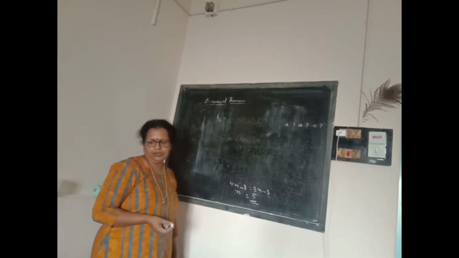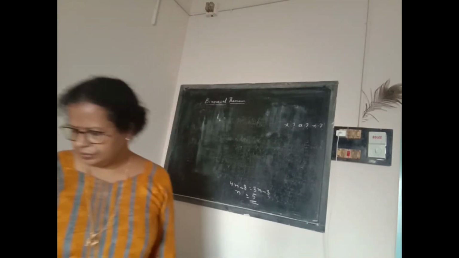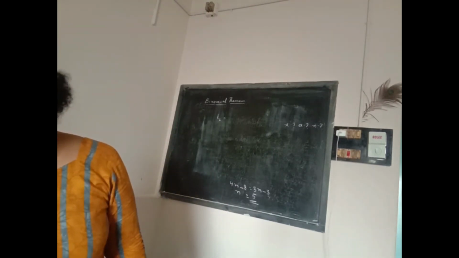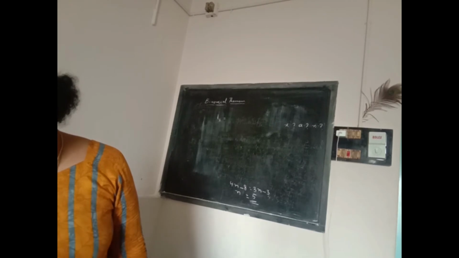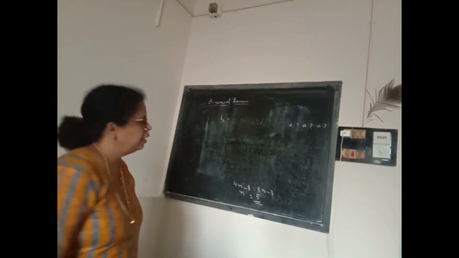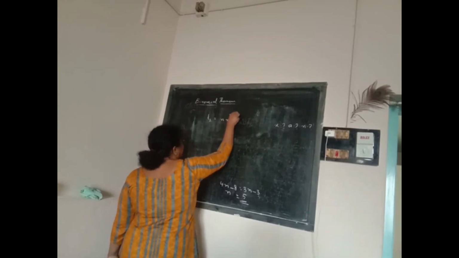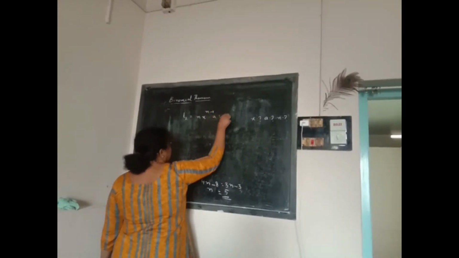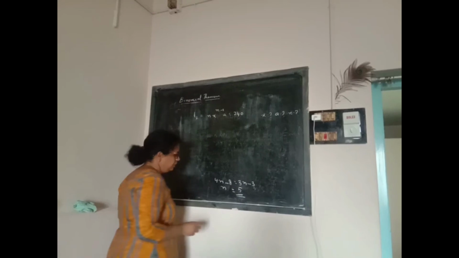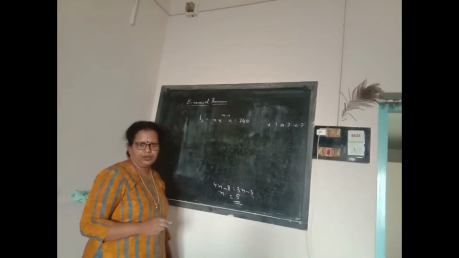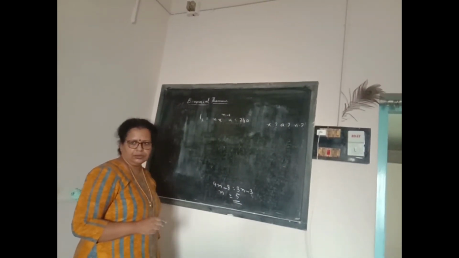For 240 we have written the term n x raised to n minus 1 a equal to 240. Now we got the value n equal to 5.